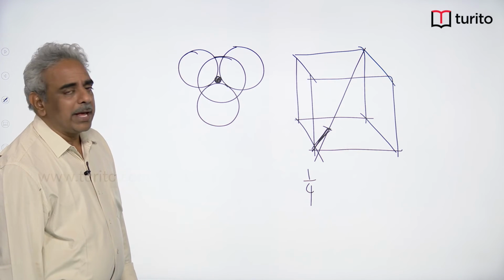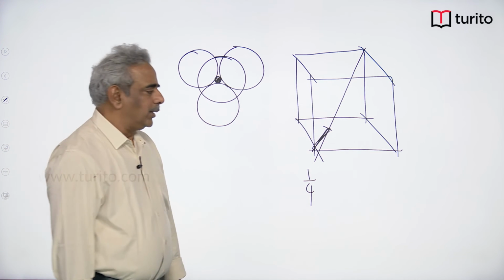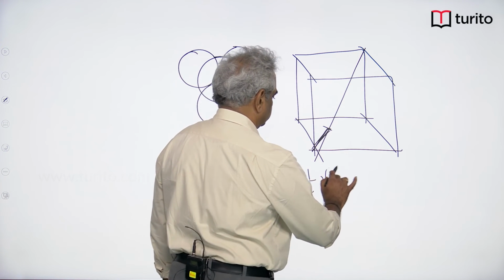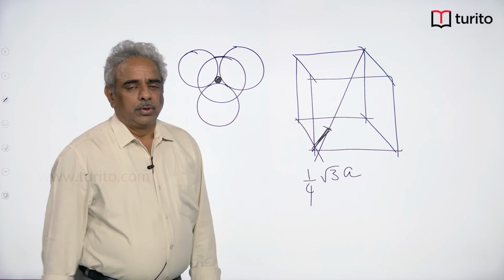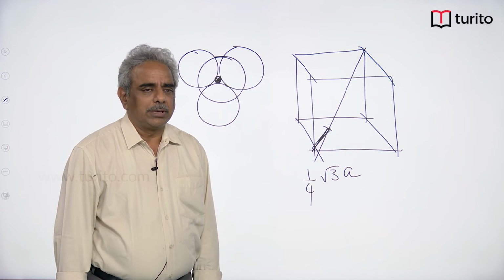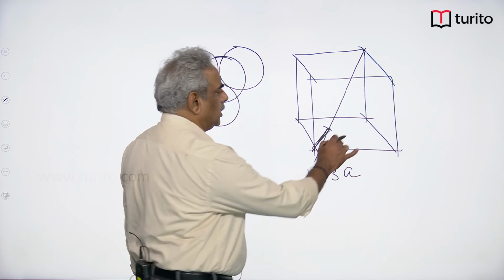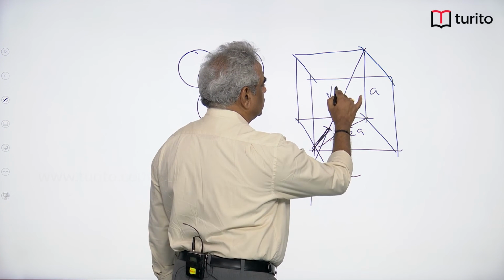So what is the body diagonal length? Body diagonal length is nothing but root 3a. In any cube, body diagonal is root 3a, very simple logic. This makes a, this makes root 2a, obviously this will be root 3a.